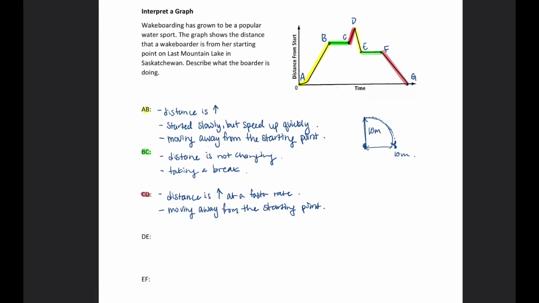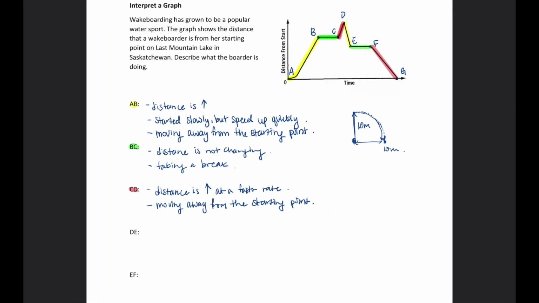Now let's take a look at the next case, D to E. So D to E is here. Right, so we know that the distance is decreasing. And she is moving toward the starting point because the distance is decreasing. So moving toward the starting point. And we'll just leave it at that.